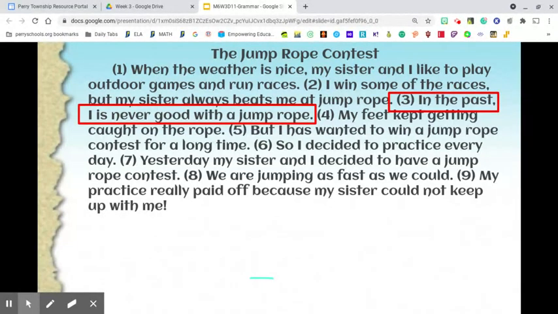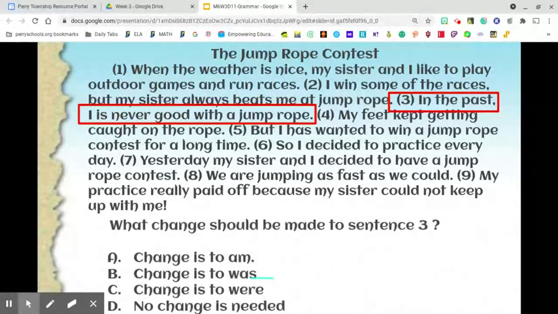My feet kept getting caught on the rope, but I has wanted to win a jump rope contest for a long time. So I decided to practice every day. Yesterday, my sister and I decided to have a jump rope contest. We are jumping so fast as we could. My practice really paid off because my sister could not keep up with me.